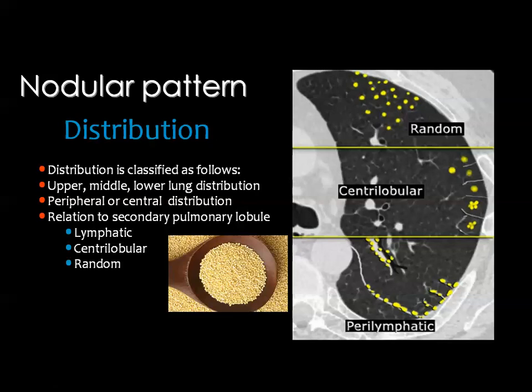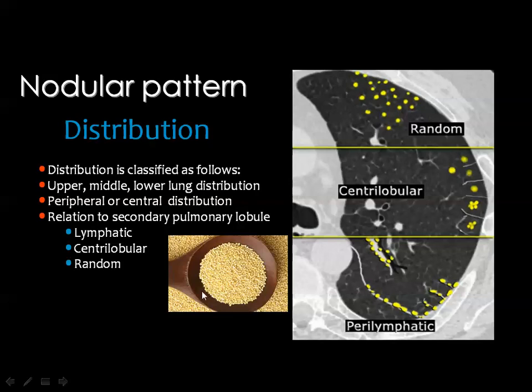And the nodular pattern, by nodular pattern, we mean that there are too many very small nodules scattered throughout the lung. And concerning this pattern, we should be careful about the distribution of the nodules, and this will affect the way of differential diagnosis.